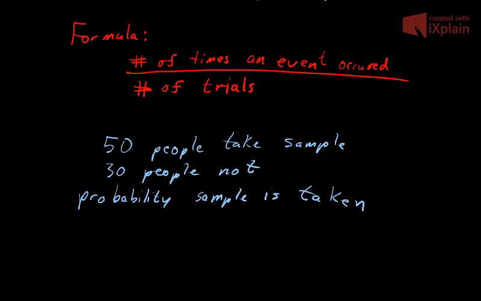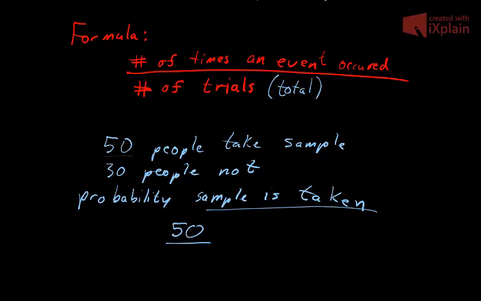The probability a sample is taken is going to be the number of times the event occurred divided by the number of trials. The number of times our event occurred, what we want to happen, is the sample is taken. And that happened 50 times. I'm going to write that on top. And we're going to divide that by the number of trials. So how many times did they try to get someone to take something? The number of trials is always going to be a total between our failures and our successes.